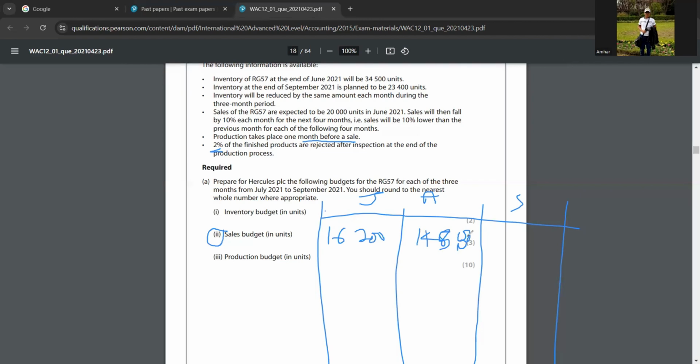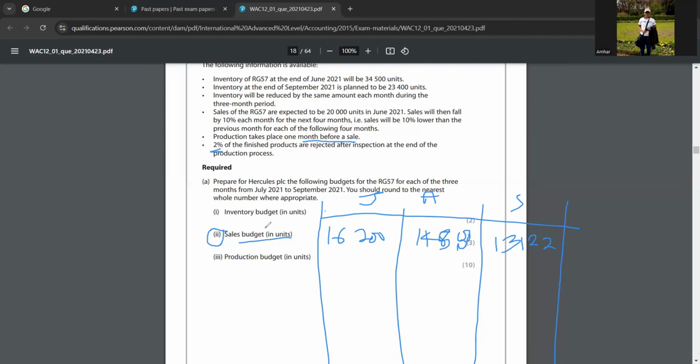So sales budget in units, October value, the second answer, how much did you get? Yeah, 13,122. Yeah, so that answer you have to take it in September. Okay. So 13,122. Okay, that's all. Now what you have to do?